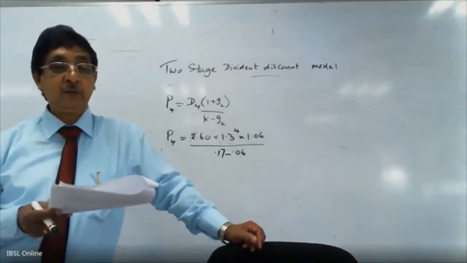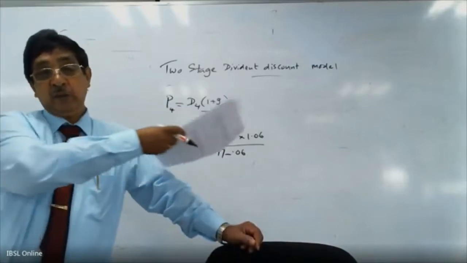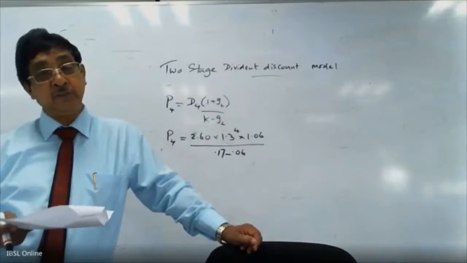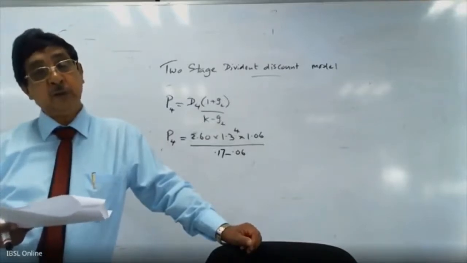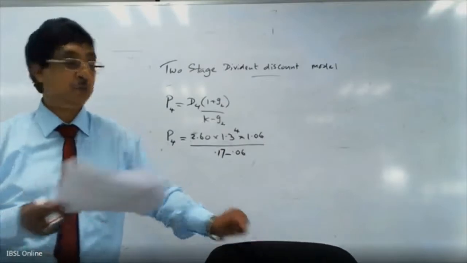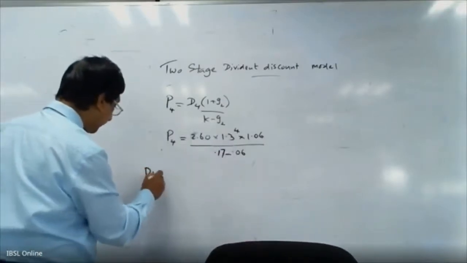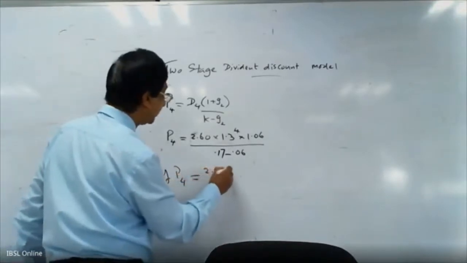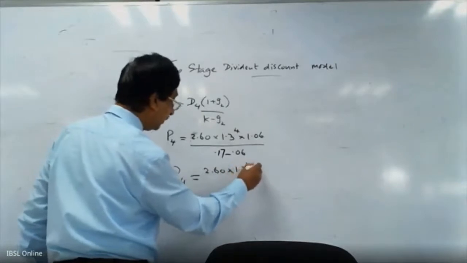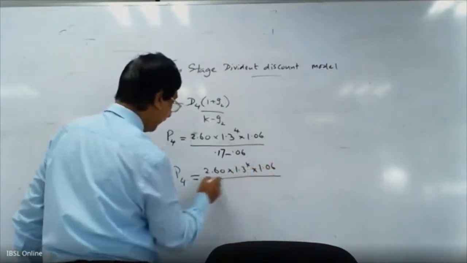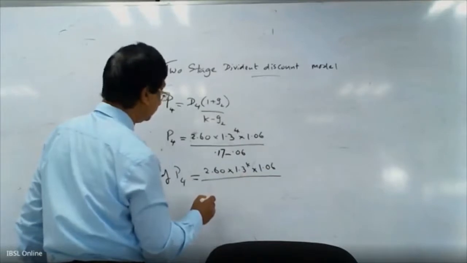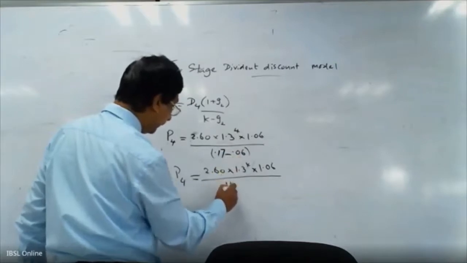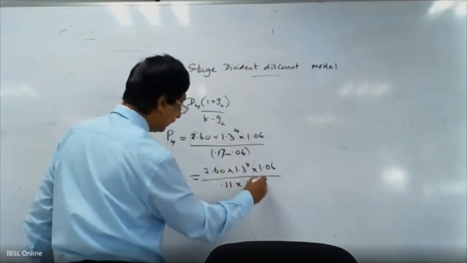We assume this is the sales proceeds, but you receive those sales proceeds at the end of the fourth year. Therefore, we have to get the present value. We can say PV of P4 is equal to 2.6 into 1.3 to the power 4, into 1.06, divided by 0.17 minus 0.06, which is 0.11, into 1.17 to the power 4.